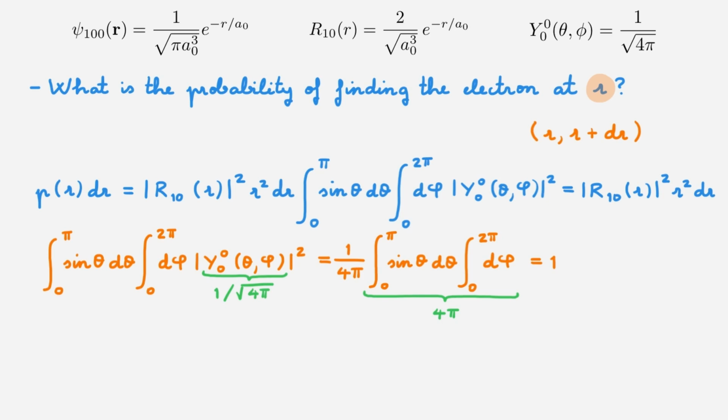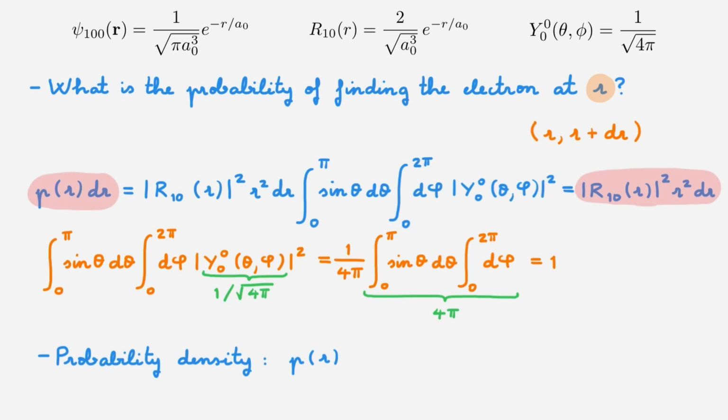So what does all of this mean? The probability of finding the electron at a distance r from the proton, p of r times dr, is equal to this expression. In this expression, p of r is what we call the probability density of finding the electron at a distance r from the proton, and it is given by the square of the radial function times r squared.